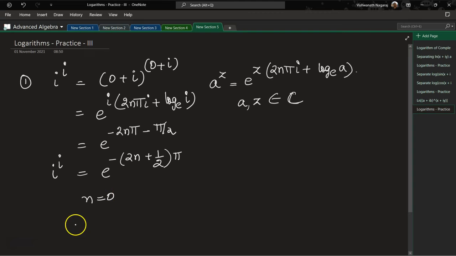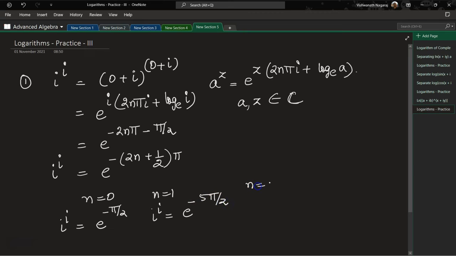So when n equals 0, i to the power of i is equal to e to the power of minus pi by 2. Similarly, when n equals 1, i to the power of i equals e to the power of minus 5 pi by 2, since 2 ones are 2, 4 plus 1 is 5.